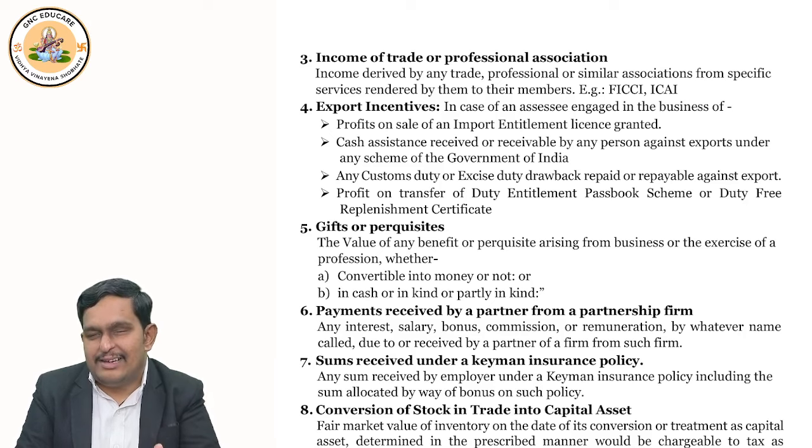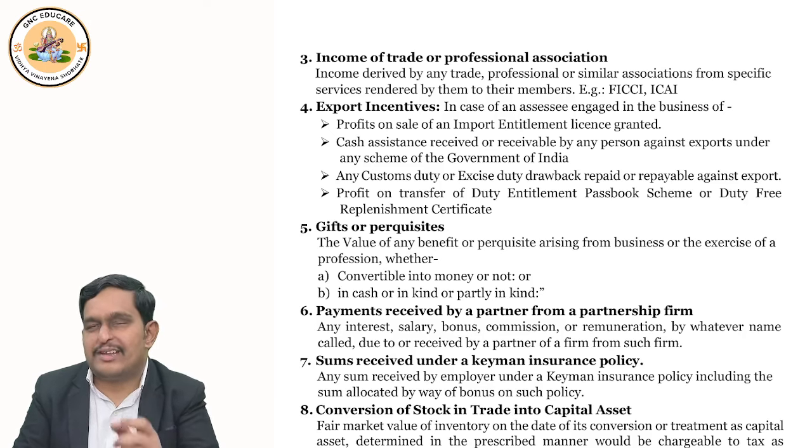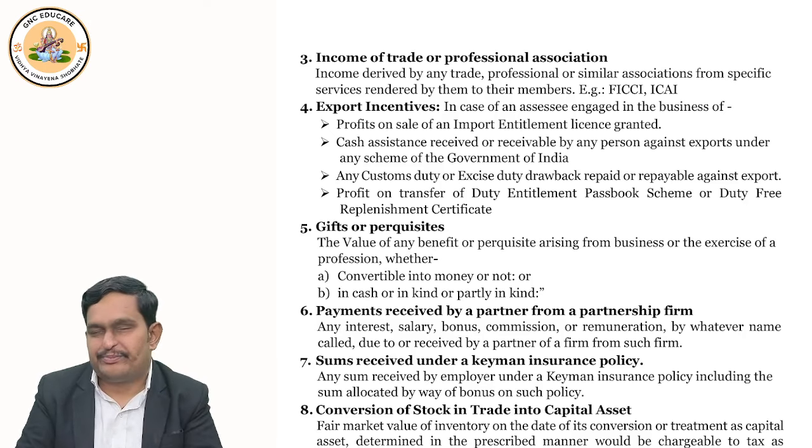Ultimately, for learning for a lifetime, they charge you something. For being a part of the profession, they charge you something. So the income which they earn is taxed under this chapter, that is profits and gains of business or profession. So income of a trade or professional association is taxed here.